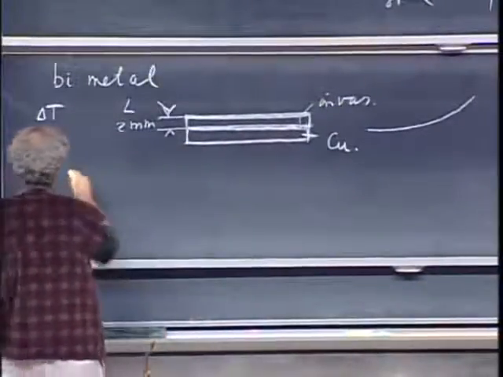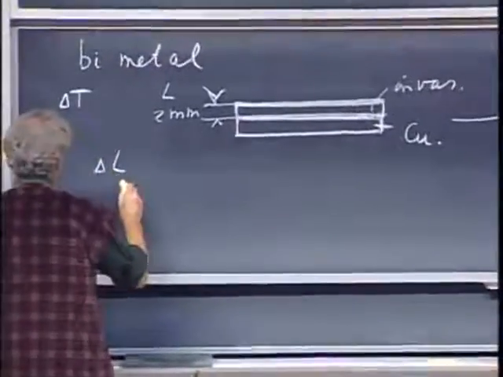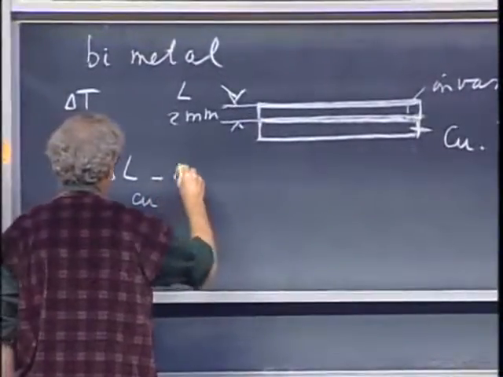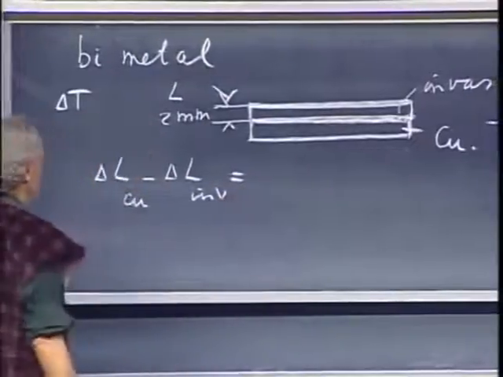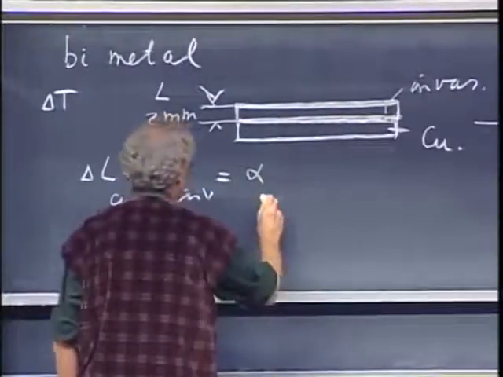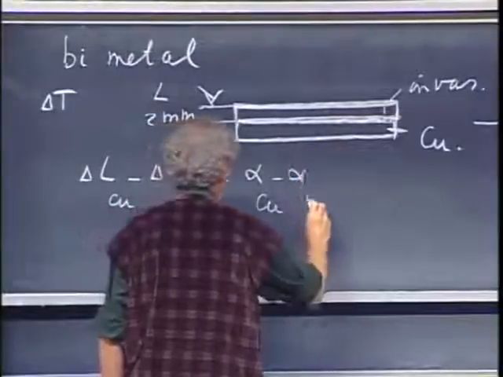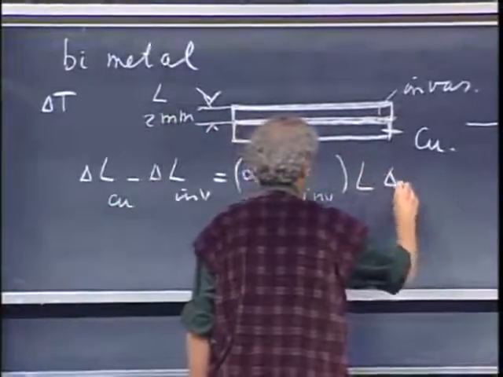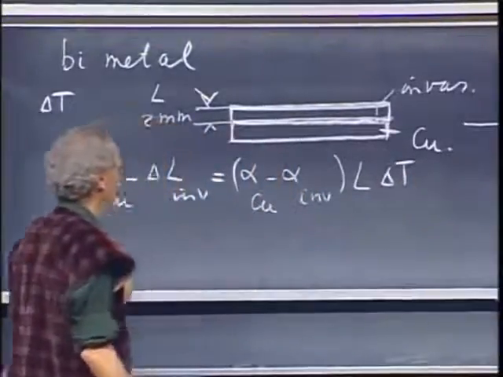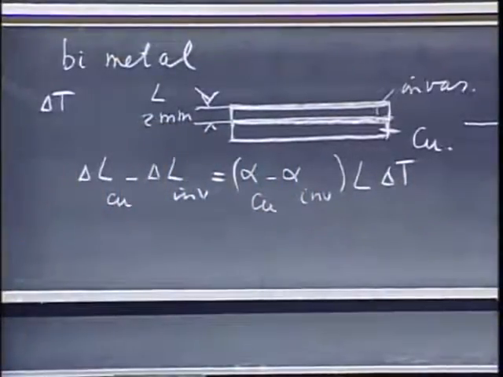So what I'm interested in is really the delta L of the copper minus the delta L of the invar. That's what I'm after. And that is the alpha of copper minus alpha of invar times L times delta T. So it is the difference that matters.